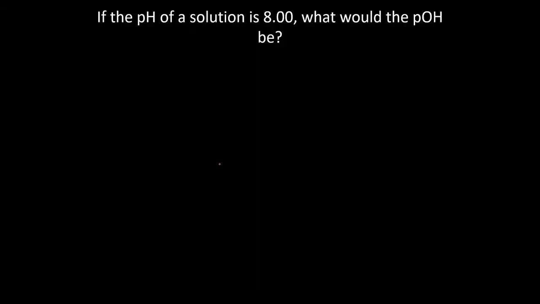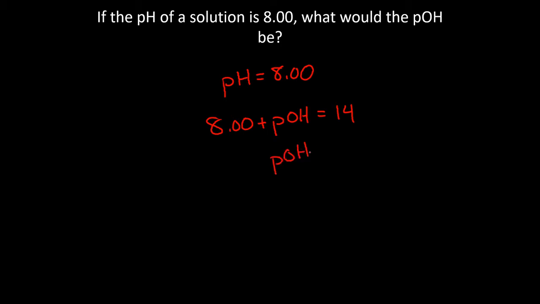So if we have something like this, where we say the pH is equal to 8, what would the pOH be? Well, I know that if the pH is 8, if I add that to the pOH, it will be equal to 14. And so if you do that simple bit of algebra there, the pOH is 6. 8 plus 6 gives us 14.